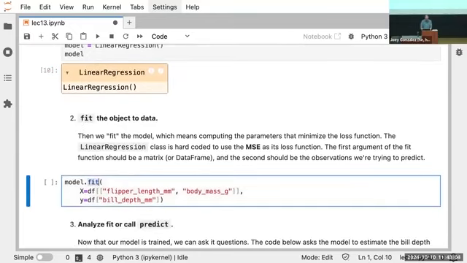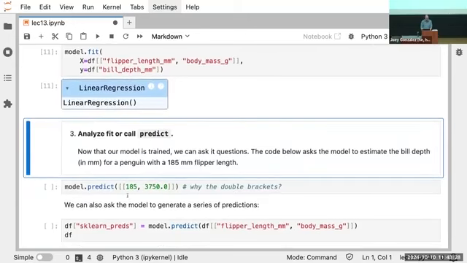Step two, fit. It's pretty easy. So I take my data frame, and I say X is going to be this. These are my covariates. My label is going to be the build depth. Why am I using two brackets here? Because I have a list of columns. Multiple linear regression, right? Boom. Done.